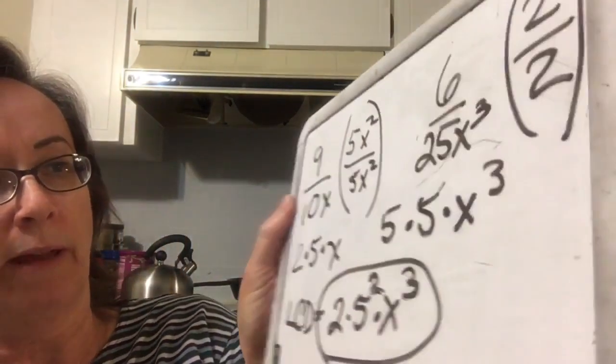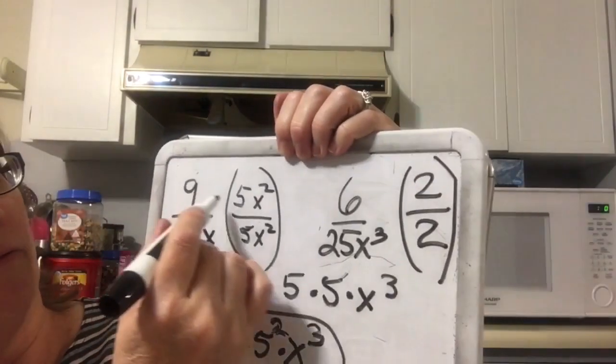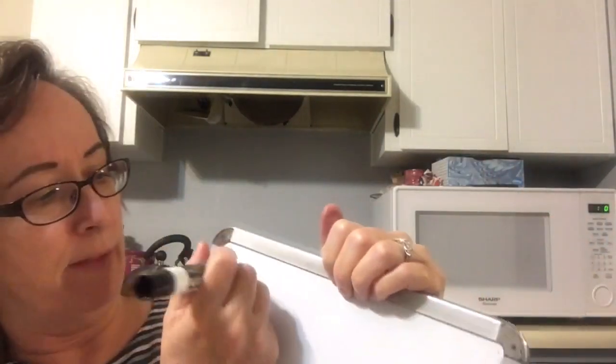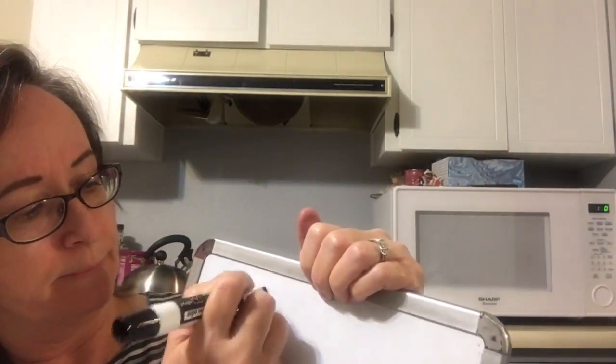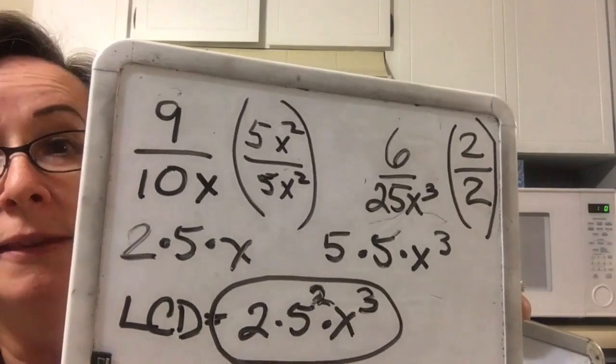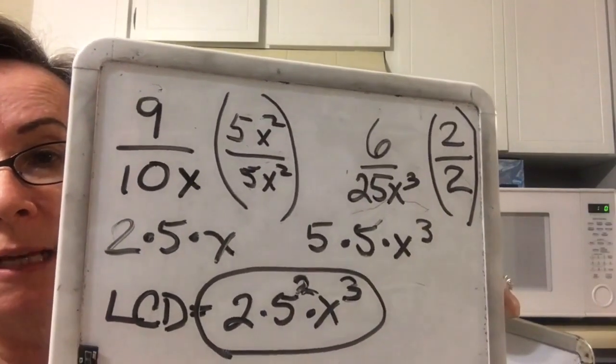Erase an old one. So now in this first one, I had 45x squared on the top. So I'm going to write that right here, 45x squared. And on the bottom now, I have the least common denominator because I multiplied by what's missing.